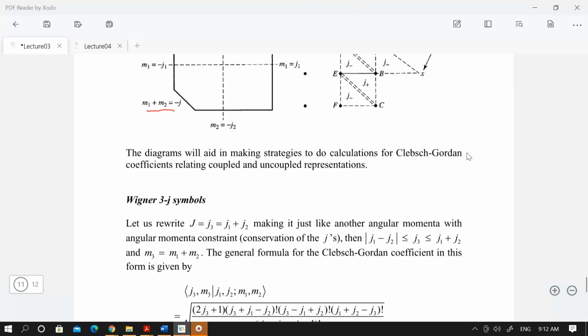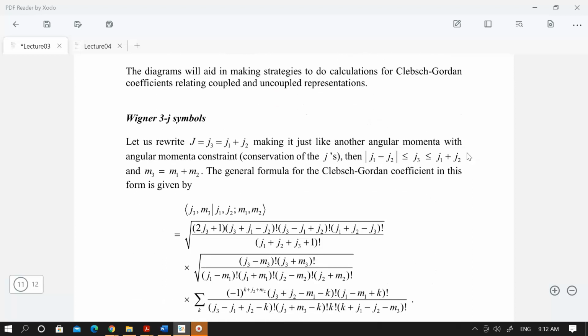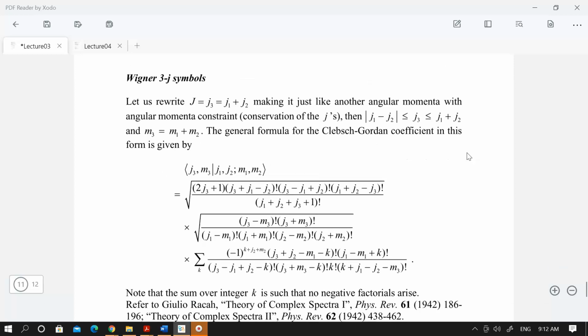Okay, let's move on. Let's finish this off. Another thing that people do is to define this idea of the Clebsch-Gordan coefficient using different symbols, which is the idea of a Wigner 3J symbol. So instead of starting from just J1 and J2, they will think of the addition of J1 and J2 giving you a J3.